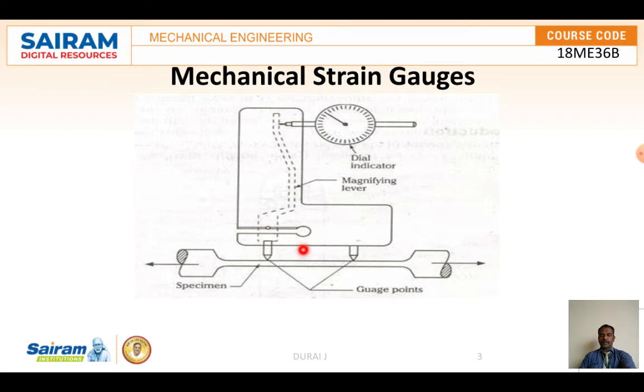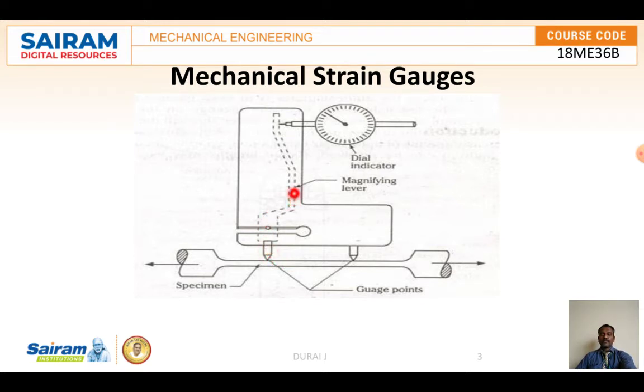The most commonly used mechanical strain gauge is the Berry type strain gauge. This type of extensometer can be used to measure up to 200 mm length in some structural components. The fixed gauge point supports the instrument, and wherever displacement takes place the mobile gauge point moves slightly.